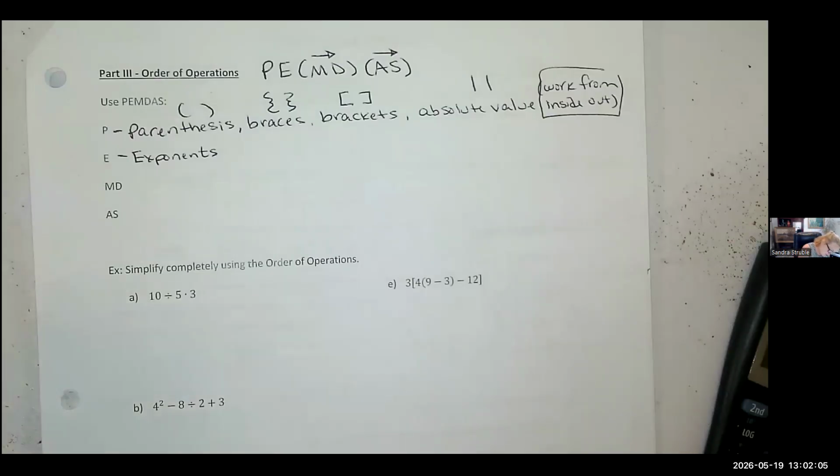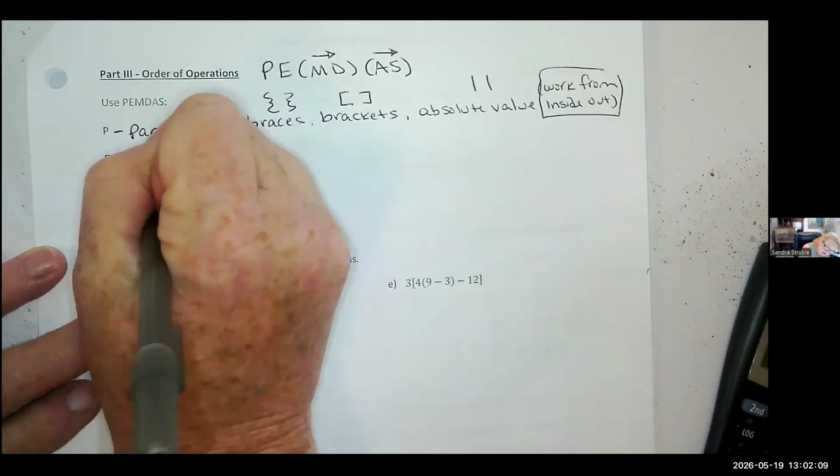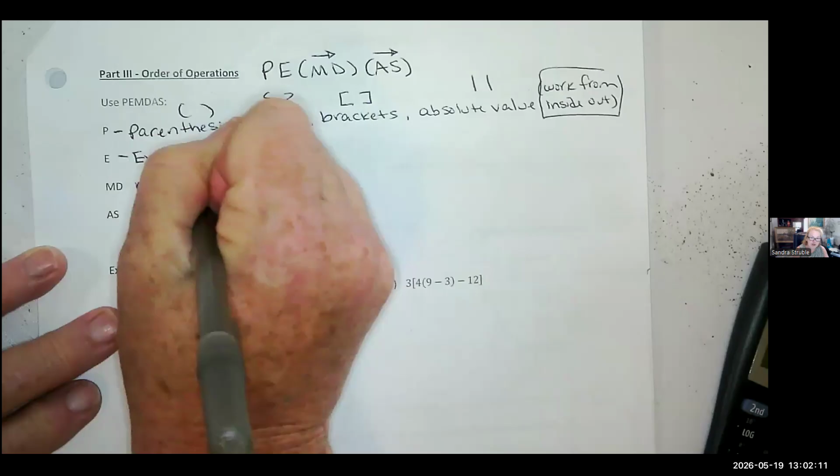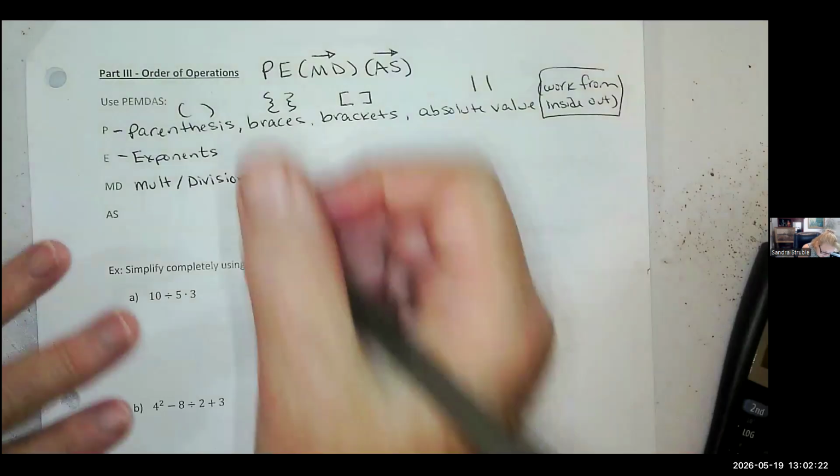So this means multiplication or division, but not doing multiplication first, then division. That could cause some major issues. You do whoever shows up first from left to right. Always left to right.